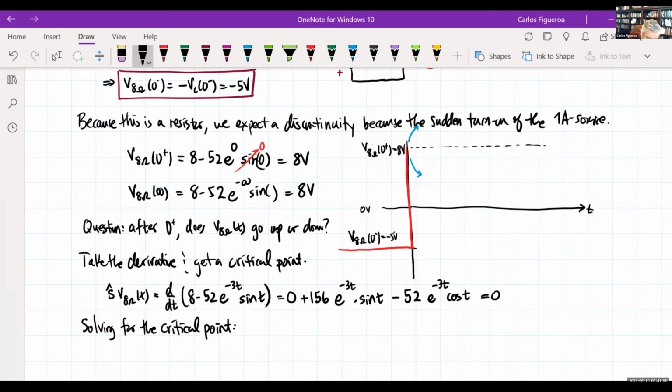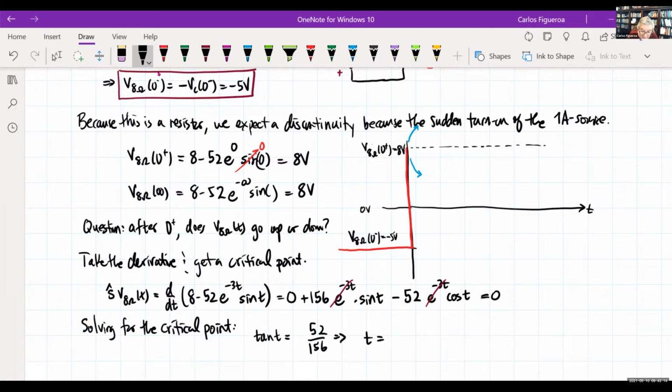Right away, you can see that the exponential terms cancel out. Boy, isn't that sweet? So now I could form tangent. If I take that over to the other side, tangent of t is going to be 52 over 156.